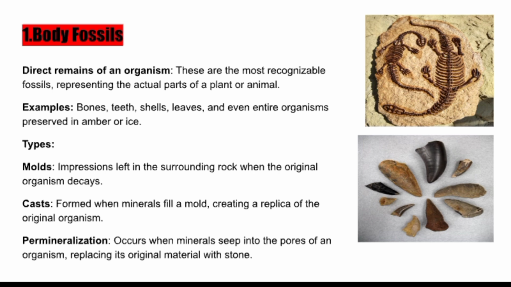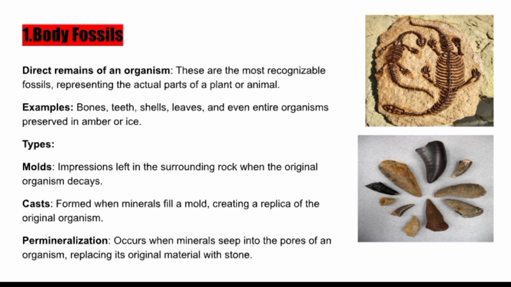Here on the stone there is an entire imprint of the body part of some organism, preserved on this stone. And also there is a tooth of an organism. So these are body parts. So these are the fossils of a body part. So these fossils are called body fossils.